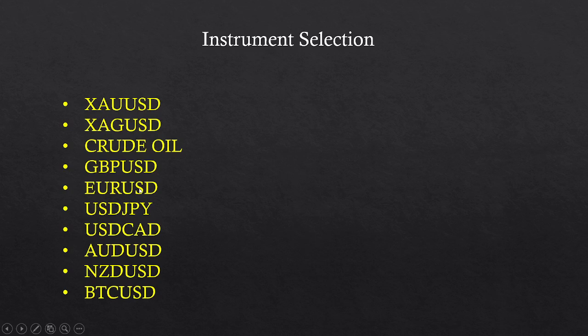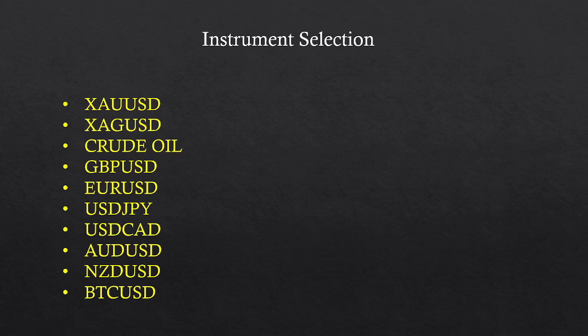You never have to go to the cross pairs. I don't recommend that. Ignore the USDCHF pair as well. You just have to trade these instruments. Just put these instruments in your watch list and monitor them. Ignore everything else.